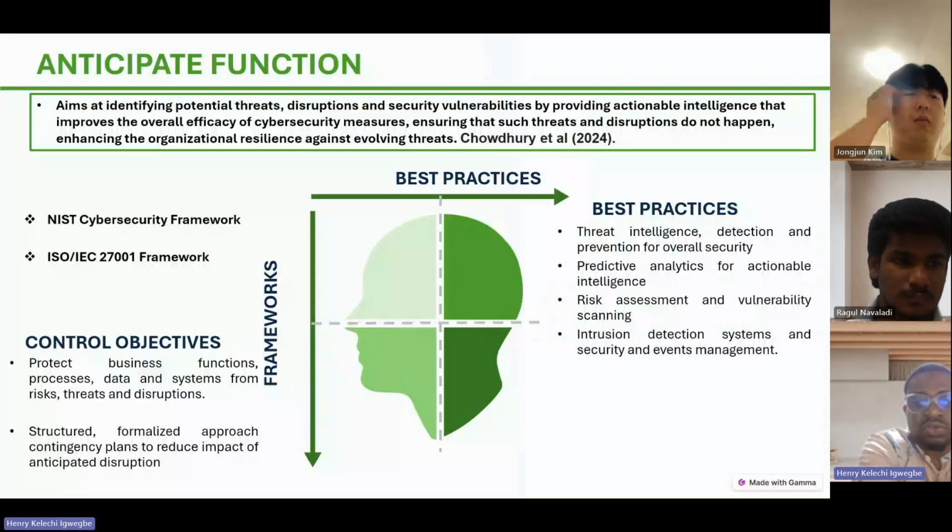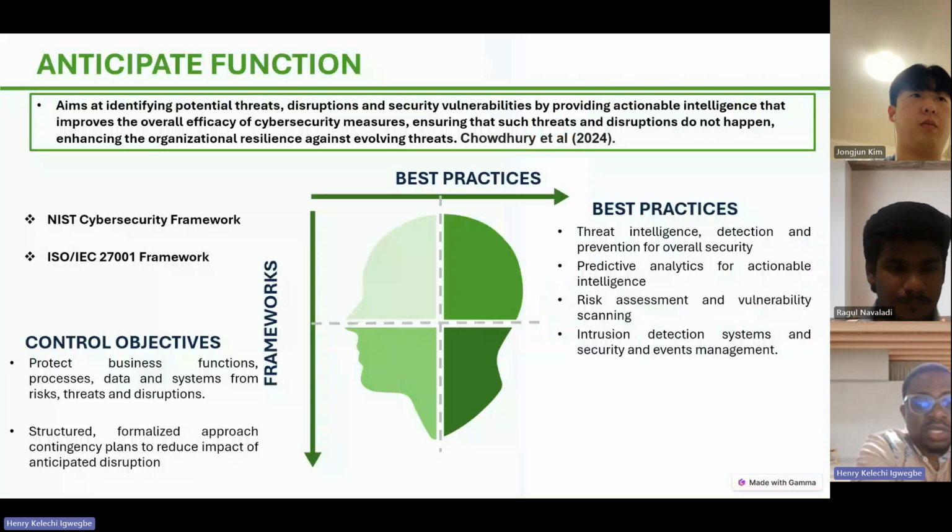The best practices we identified are the use of threat intelligence and predictive analysis. This helps the organization to be able to stay ahead of the evolving threat landscape. More best practices include risk assessment and vulnerability scanning and the use of intrusion detection technologies and systems.